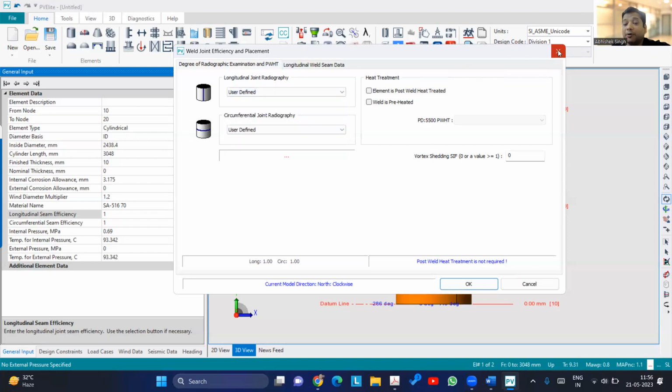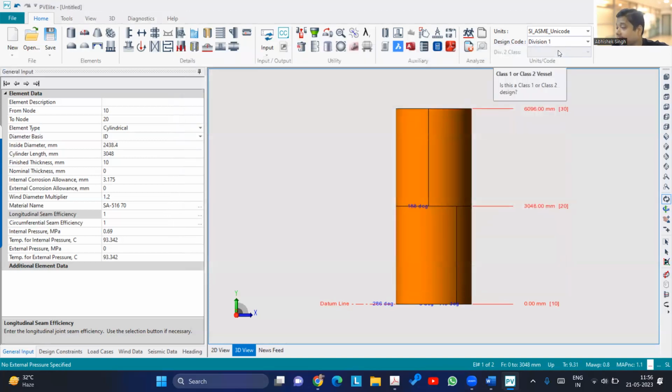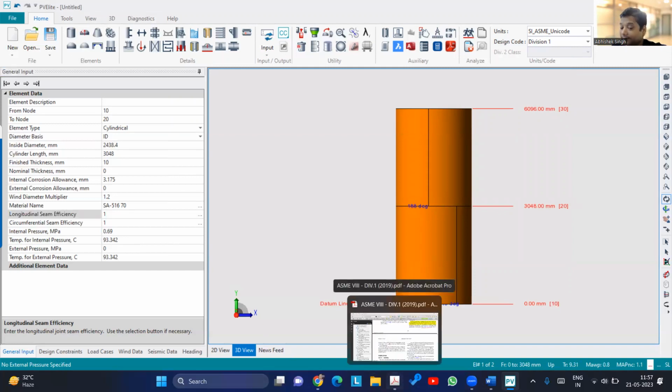So RT2 means what? If I have a type 1 joint, or in your case, you have mentioned backing ring, then that means type 2. For long seams, what will be my efficiency if I'm doing 100% radiography? Joint efficiency 1.